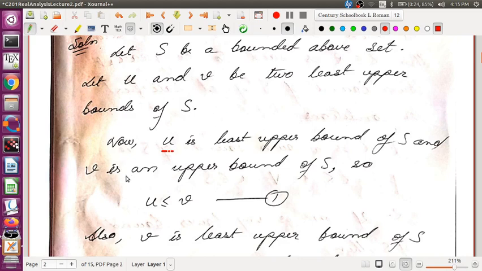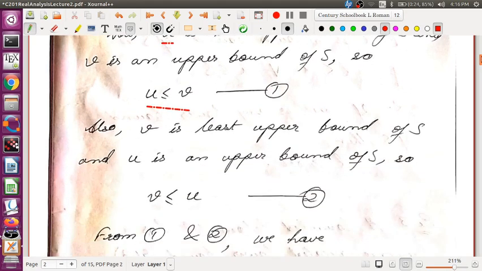So V is an upper bound and U is the least upper bound. Then what is the relation between U and V? As per the earlier definition, U should be less than or equal to V. Again, since we have supposed that V is also a least upper bound, V is the least upper bound and U is an upper bound of S. So the relation between V and U should be V less than or equal to U, right?